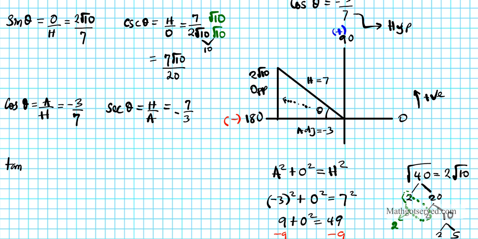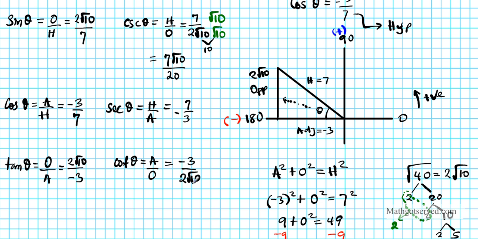Tan theta is opposite over adjacent, from TOA in SOHCAHTOA. Opposite is 2 root 10, and the adjacent is -3. The reciprocal of tan is cotangent, so cotangent theta is adjacent over opposite. Adjacent is -3, opposite is 2 root 10.